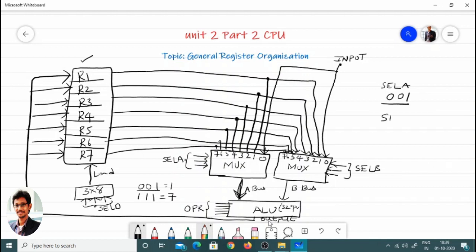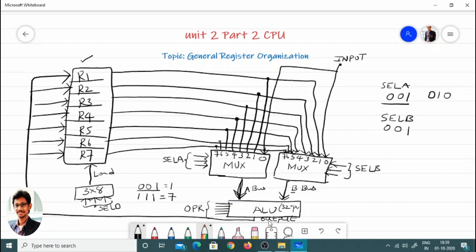If SELB is 0, 0, 1, what happens? Again the R1 content is put onto the B bus, right? Suppose SELA is 010. What is this? 010 means 2, right? So which register?